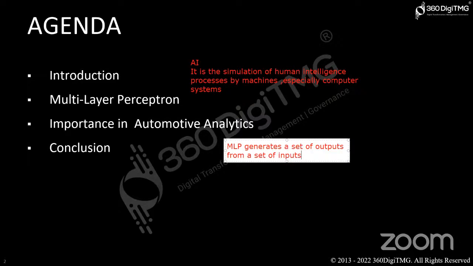In simple words, MLP is a feed-forward artificial neural network that generates a set of outputs from a set of inputs. And multi-layer perceptron is characterized by several layers of input nodes connected as a directed graph between the input and output layer. So let us see how MLP looks like.